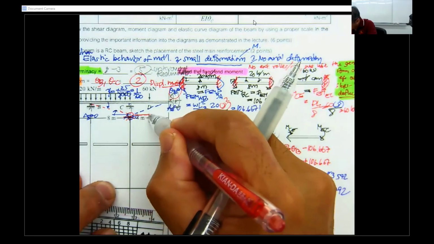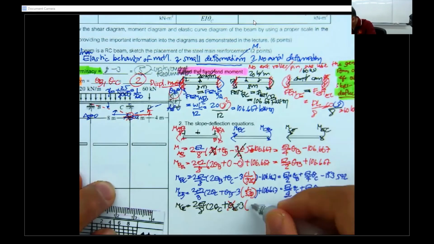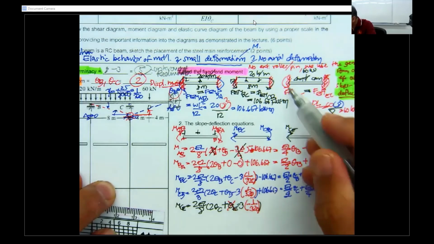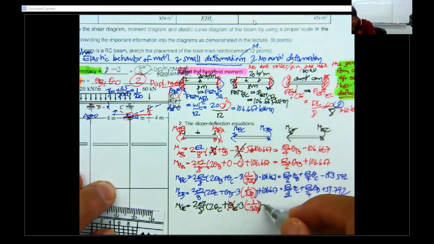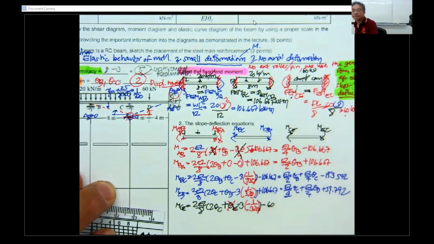Rotation here is counterclockwise, so it's going to be minus 1 over 320. Okay, and then close this up. This is counterclockwise, minus, the value over here is 60. Just put it 60.